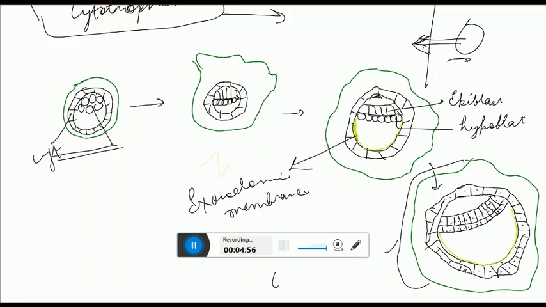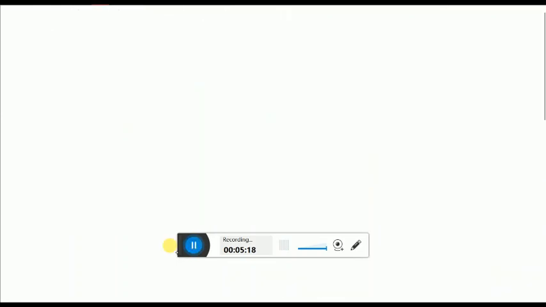So now we will see development of this gastrula, how extraembryonic membranes are formed, how extraembryonic germ layers are formed, how intraembryonic germ layers are formed. See, this was a trophoblast. I'm making a rough sketch.